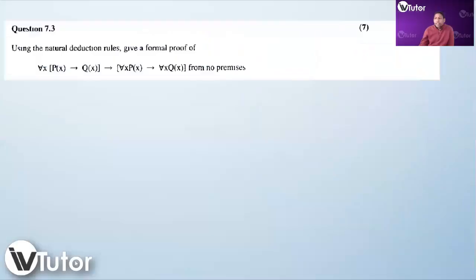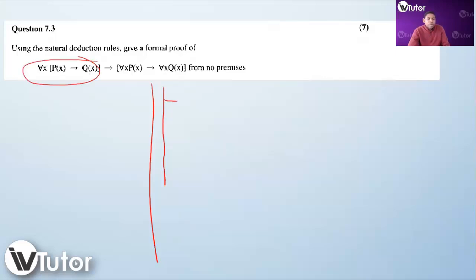Let's look at something like this, proof from no premise. So proving from no premise is only going to happen when it is an implication. So you just start with a subproof, right? So in this subproof, you assume this to prove that. So you assume, right?